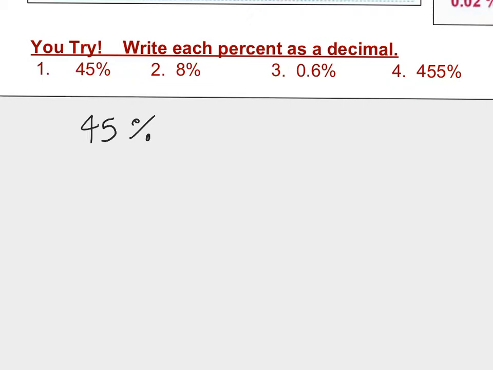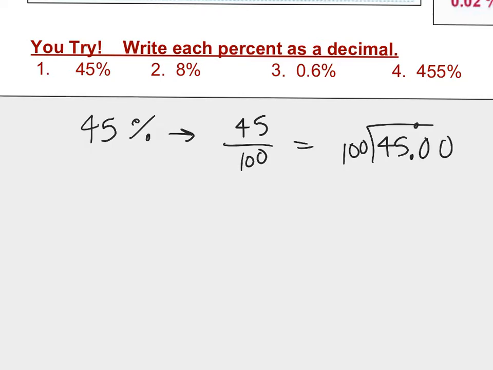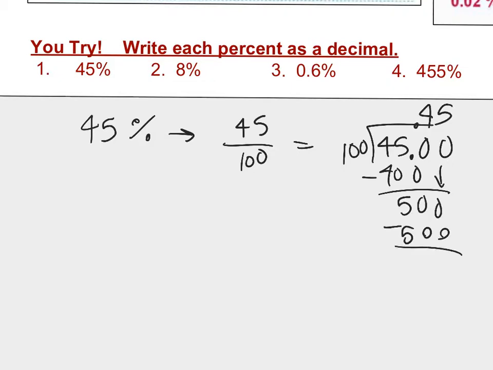Because 45% means 45 out of 100, and when you write 45 out of 100 as a division problem, when you do it the long way, if you watch the long division, 50, bring down the 0, you are going to get 0.45.